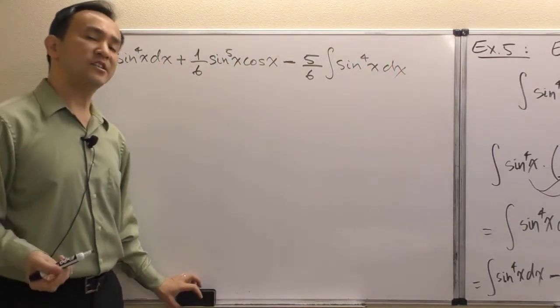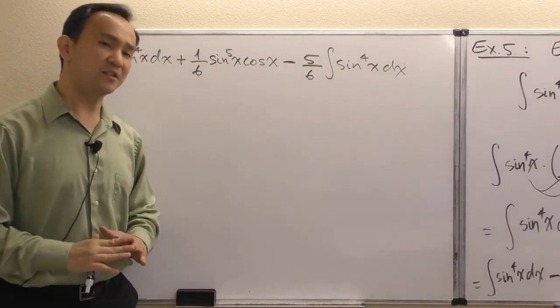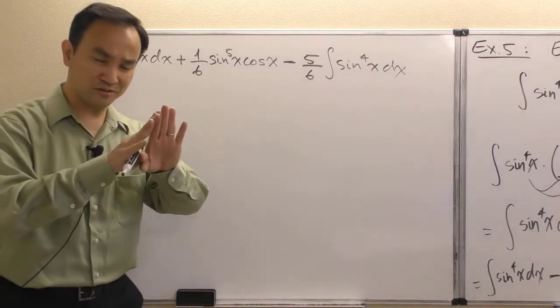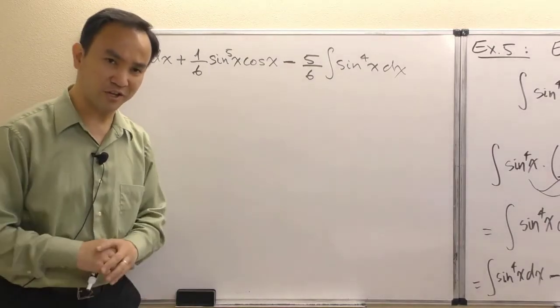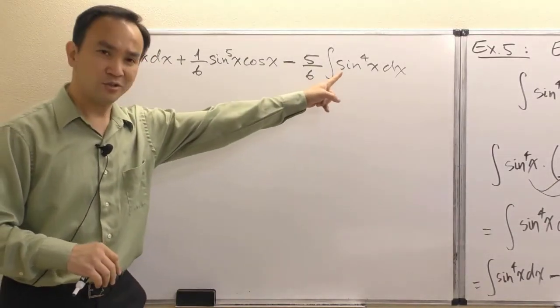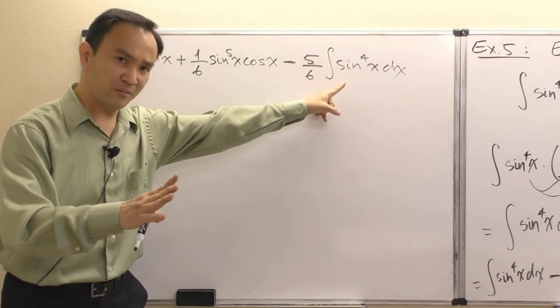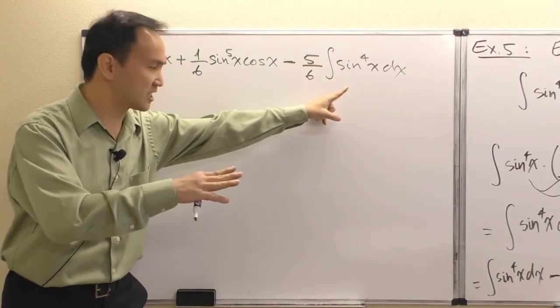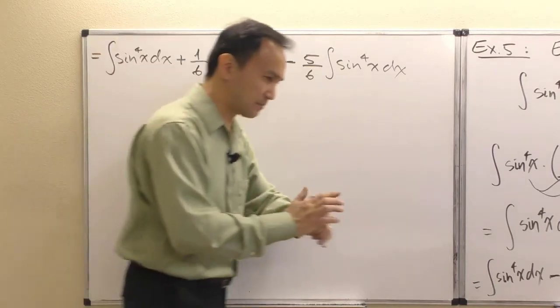So ladies and gentlemen, the reason I said earlier that you will never need to handle two separate reduction formulas is that you started out applying the reduction formula on the highest power from the earlier step.